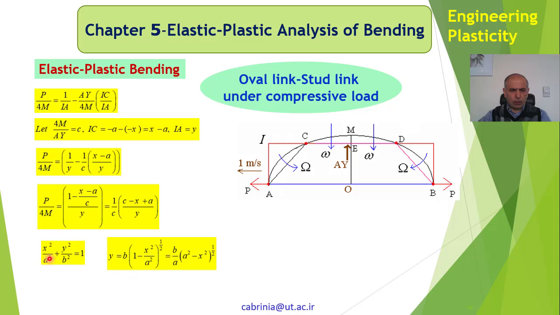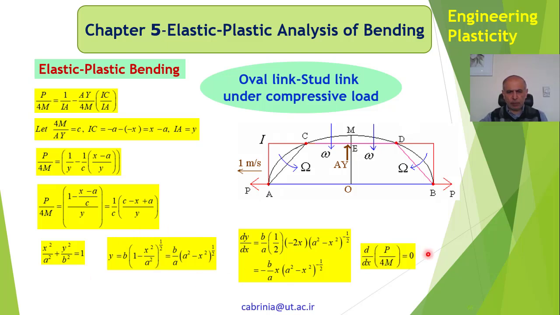So you can get Y from here equal to this relationship, and dy by dx is equal to that from the ellipse. So here if we put the derivative of P over 4m with respect to x equal to 0, that means that we get the minimum point.